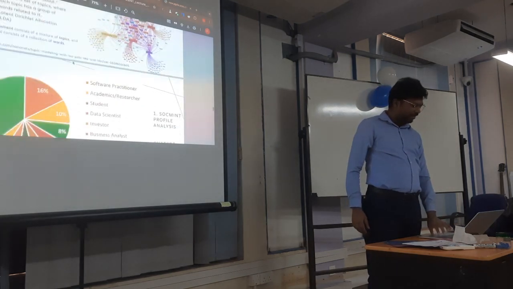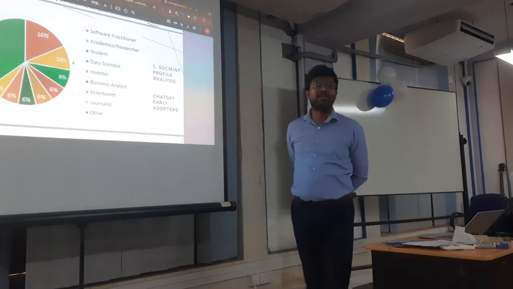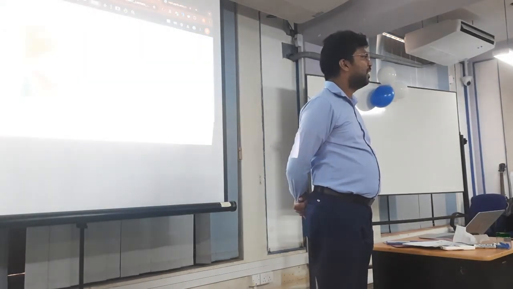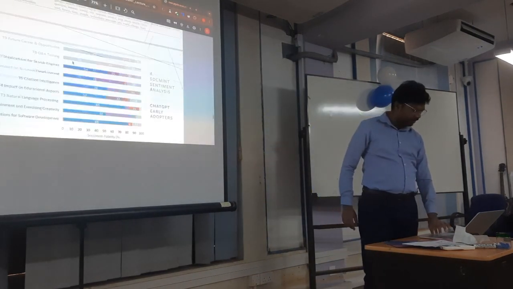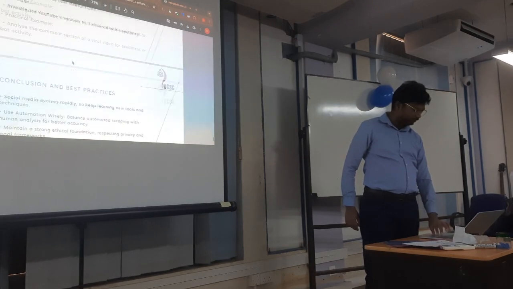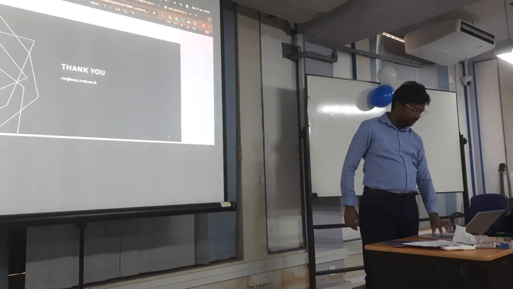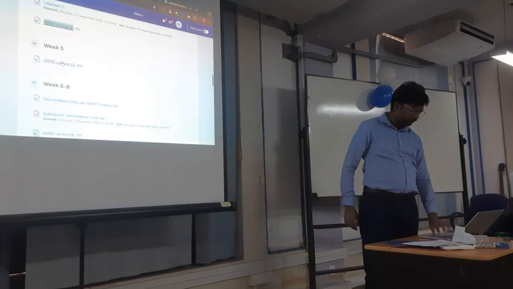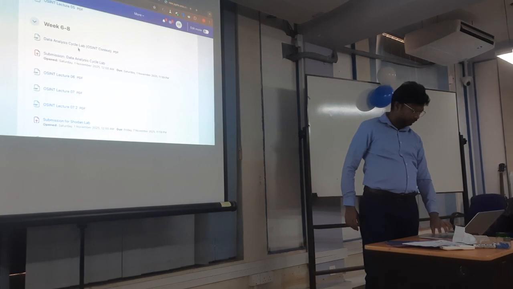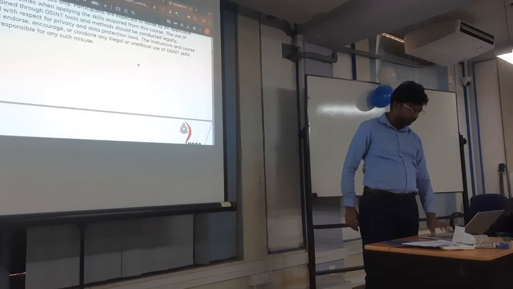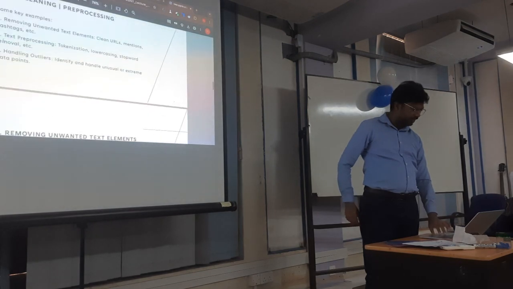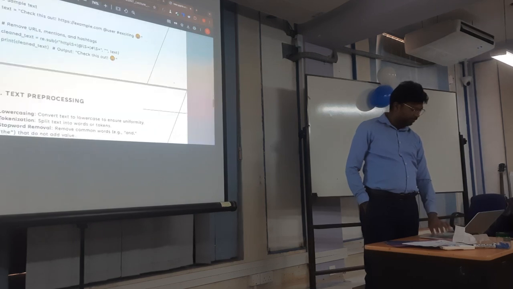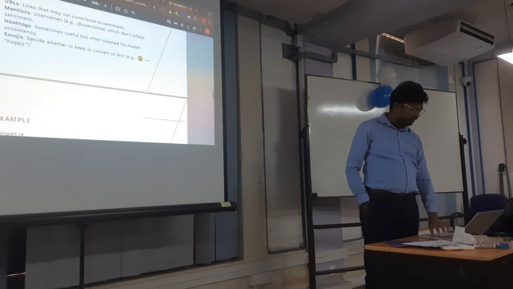Okay, so in terms of analysis, we covered three particular techniques, right? We first did simple statistics. Let me quickly show the slides. So this is what I mentioned: data cleaning and preprocessing, removing text elements.